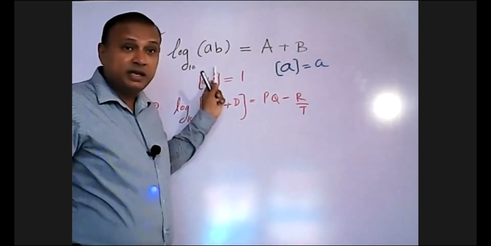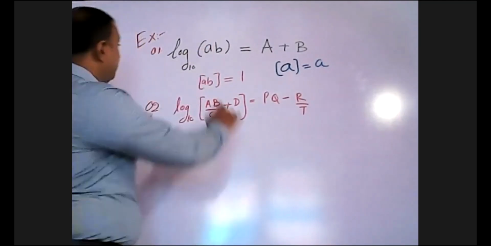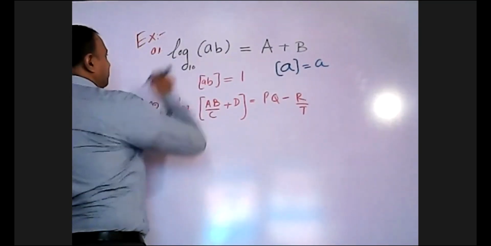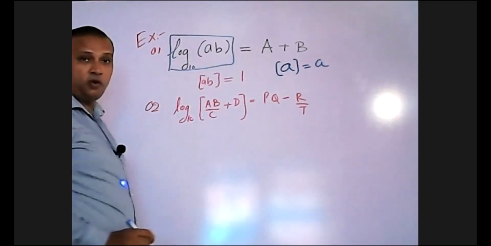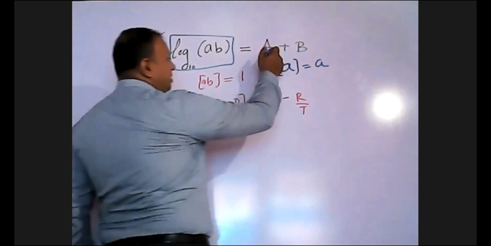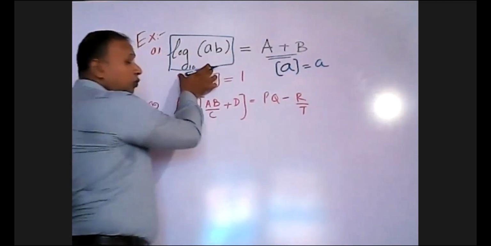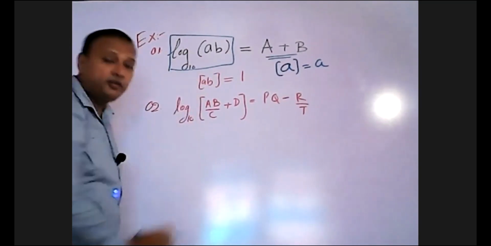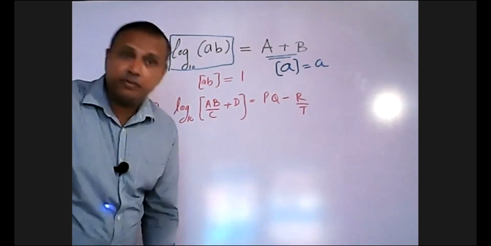Look at this. This is a logarithm function, no? This one is a logarithm function. So, the addition of two physical quantities is equal to a logarithm function. You know, a logarithm function is a number.